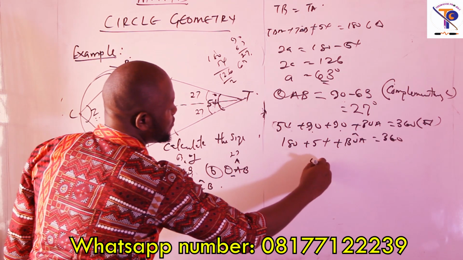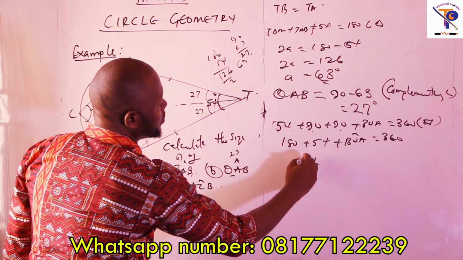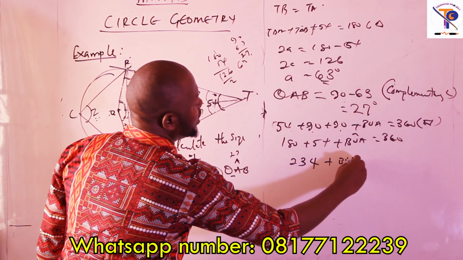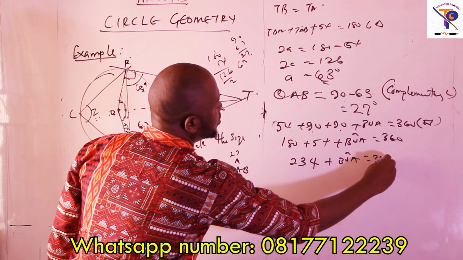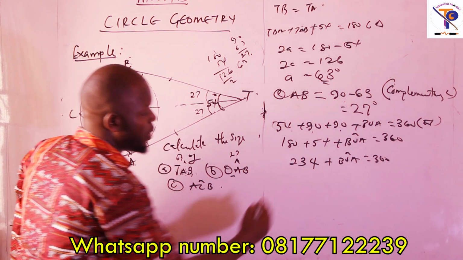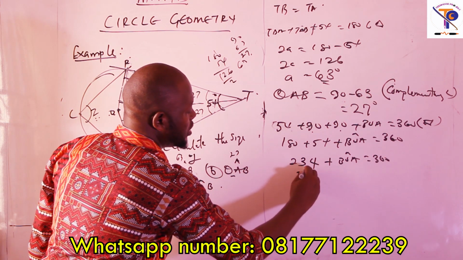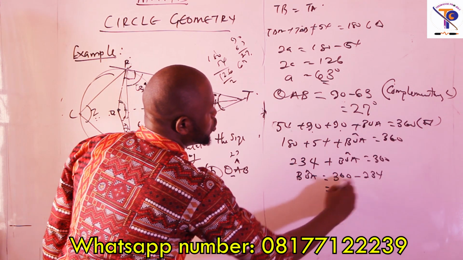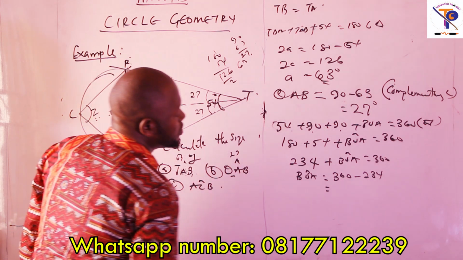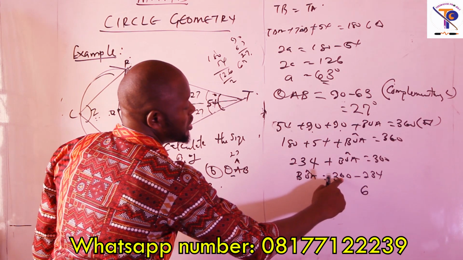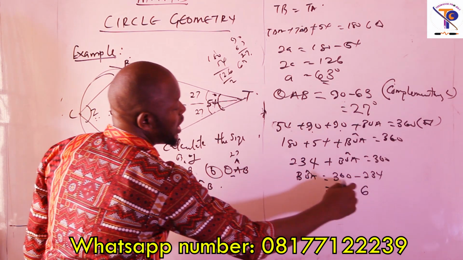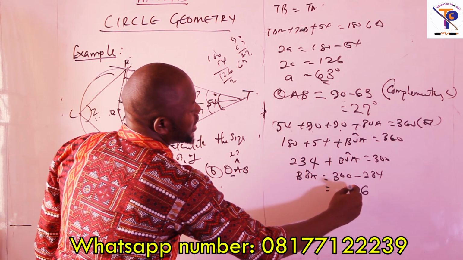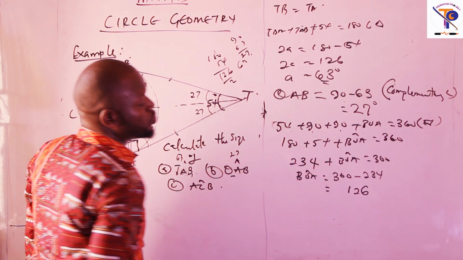So we have 234 plus BOA is equal to 360 degrees. So from here we have BOA, that is 360 minus 234, that is 126.